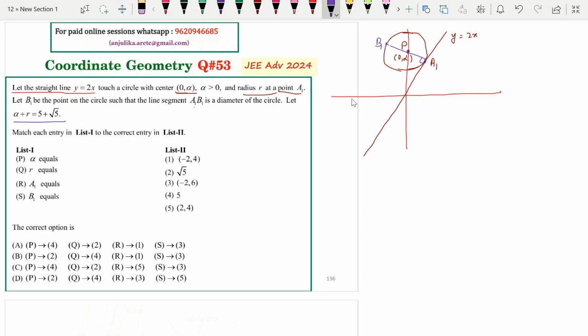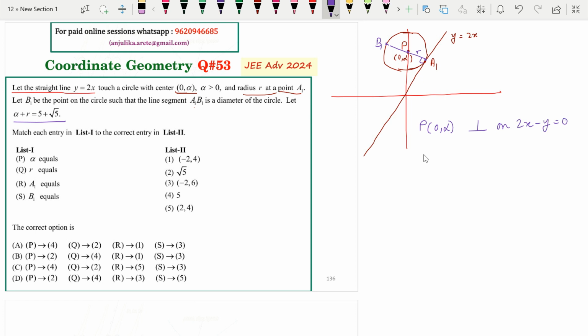What do we do? First we do the very obvious thing. Okay, so we just figure out what r is. Okay, how do we get that? See, from this point you are dropping a perpendicular to this line. Okay, you know the formula, right? So this is your point P. From this you are dropping a perpendicular on the line 2x minus y is equal to 0.